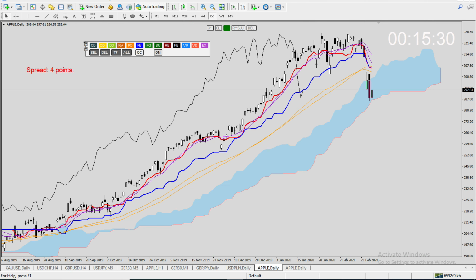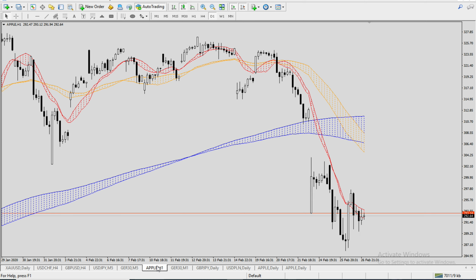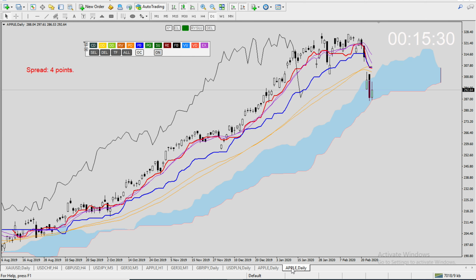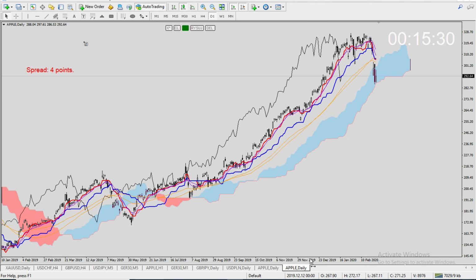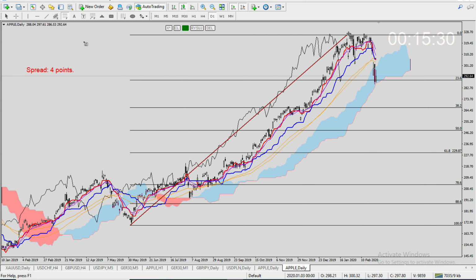Let's have a look at Apple. So that's the Apple stock. I was playing with it yesterday, marking some observations. There's a lot of things going on here, but just to make it short, I think we might easily get to 50% of this wave.